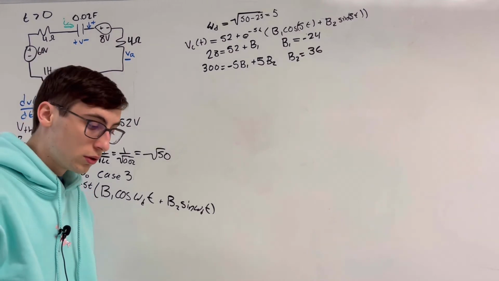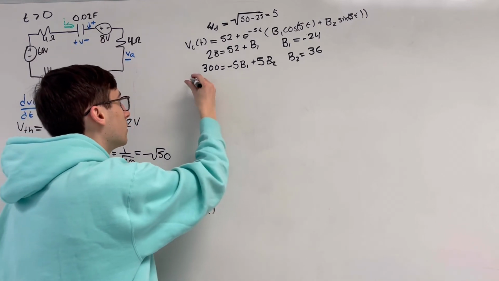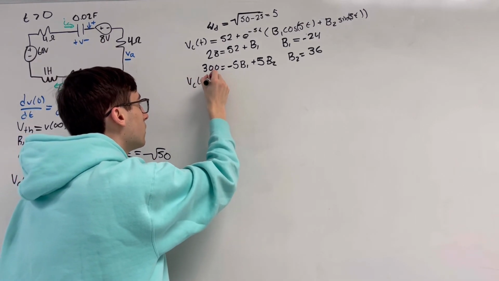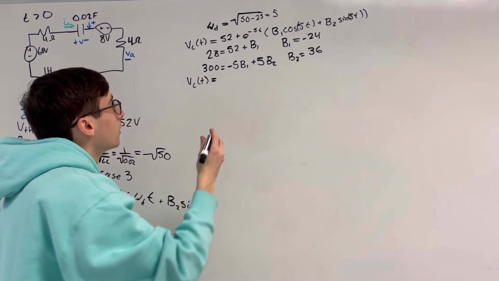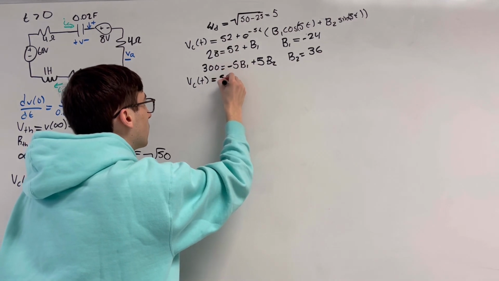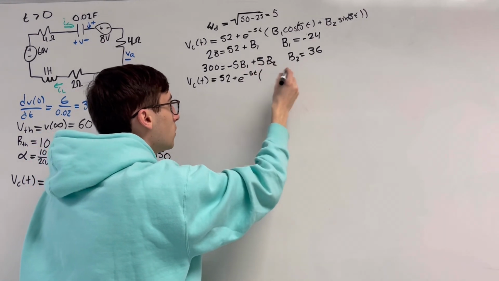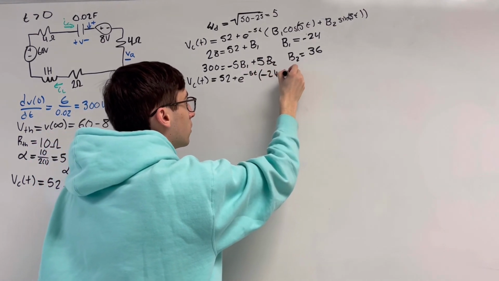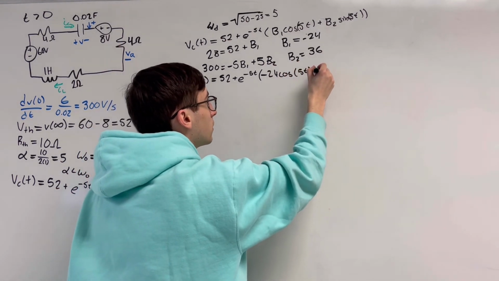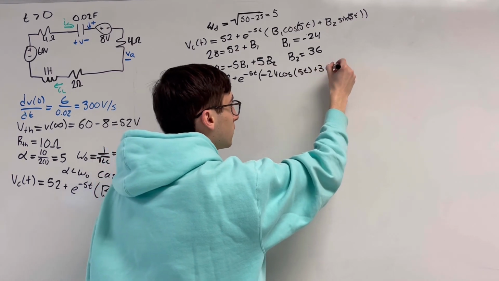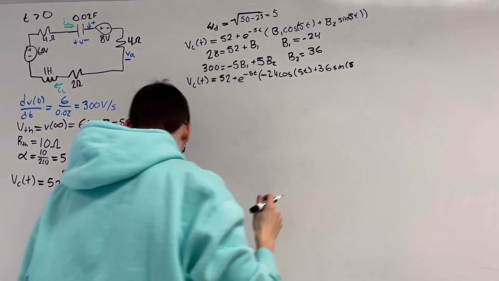And now we can use both of those in order to find our final solution for Vc of t. So Vc of t is just going to be equal to 52 plus e to the negative 5t times b1, which is negative 24 cosine of 5t, plus b2, which is 36 times sine of 5t.